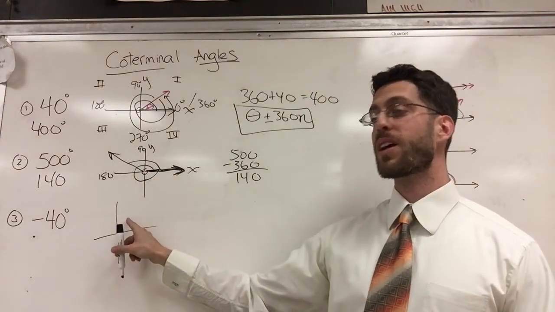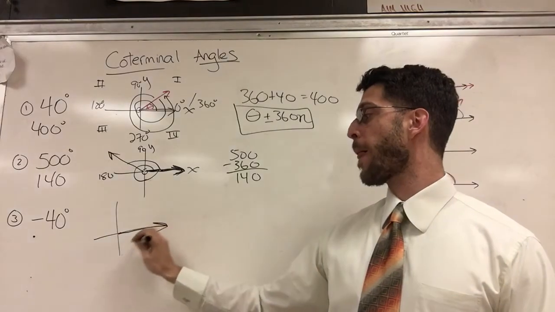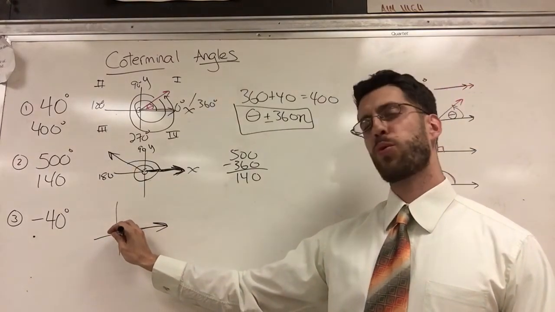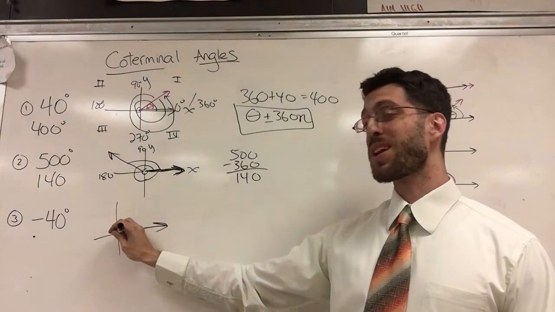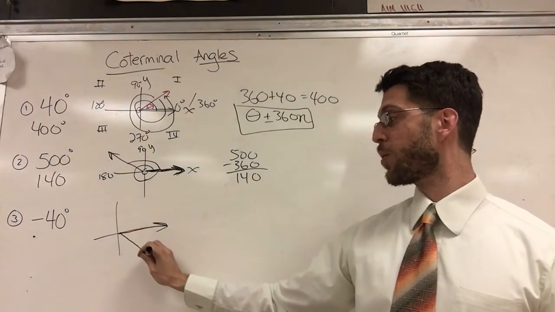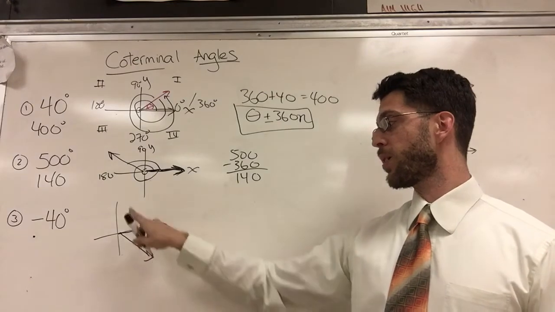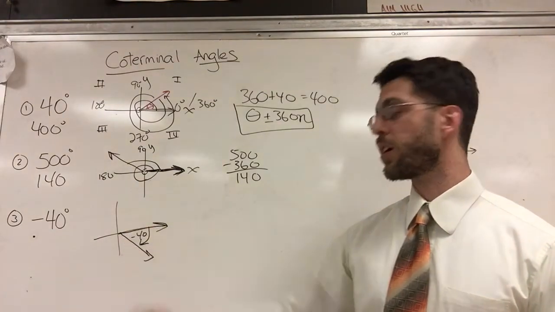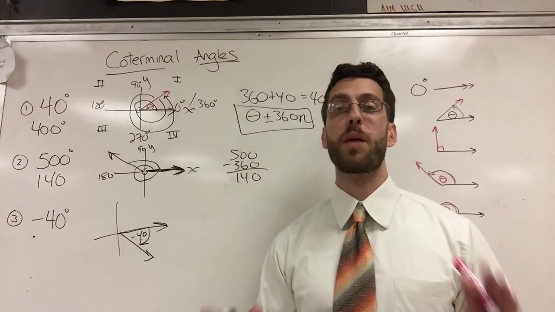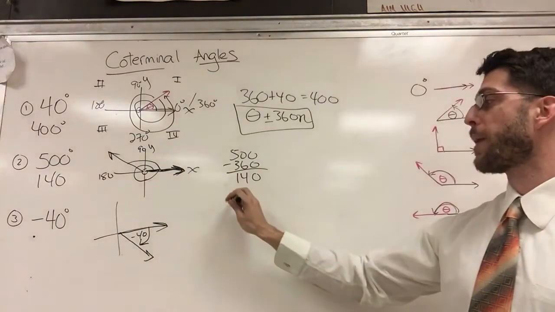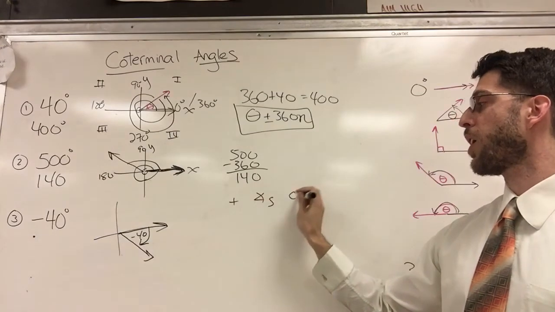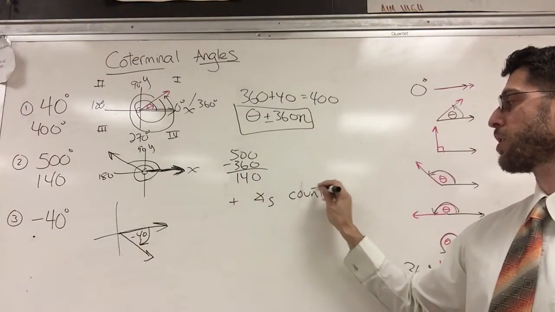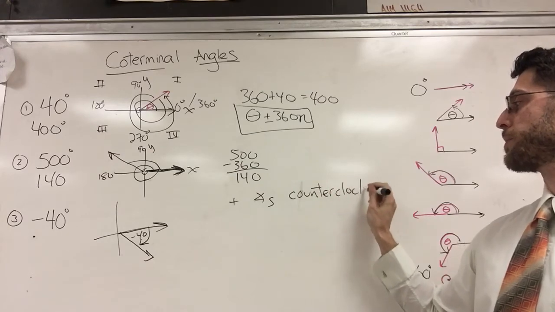Now for a negative angle, I'm going to start at 0, but to go to negative 40, I'm opening clockwise. It's tougher than you think. So this way, the way a clock should go. So this would be negative 40, all right? And if I stuttered, I'm sorry, let me just write it down. Positive angles are counterclockwise.